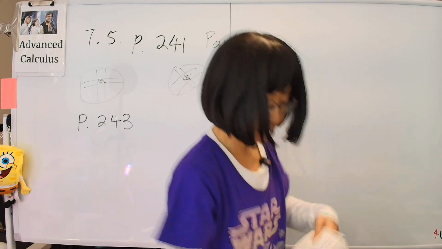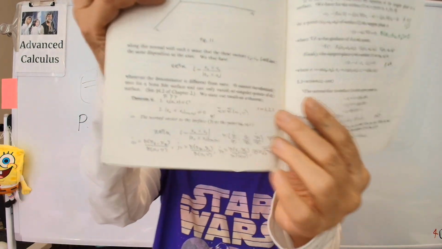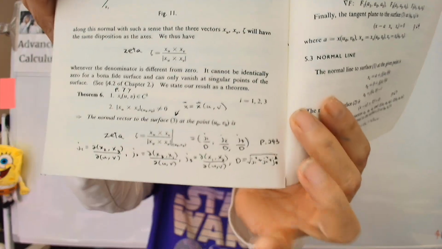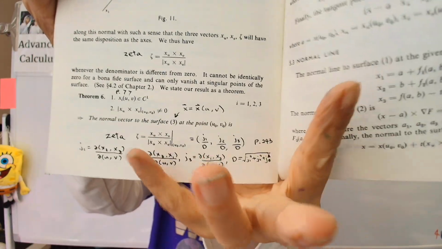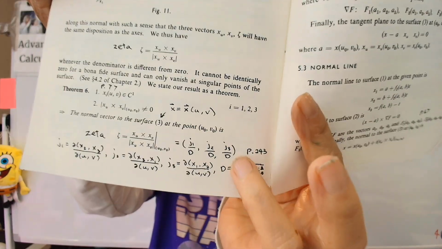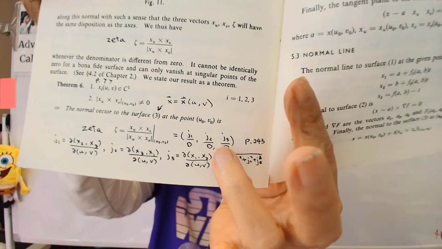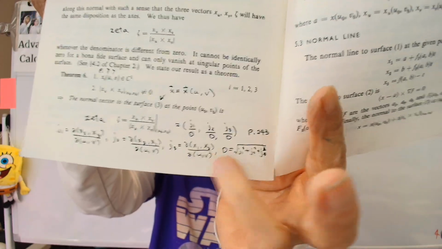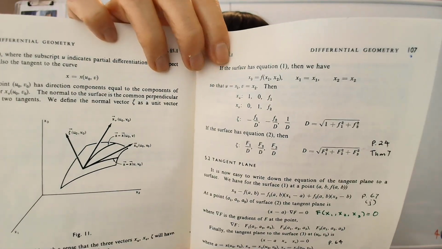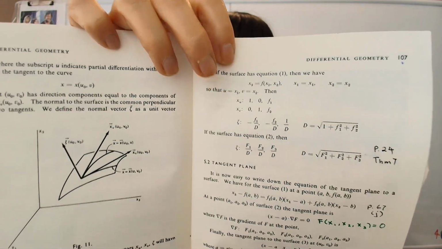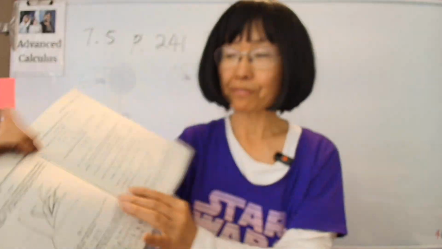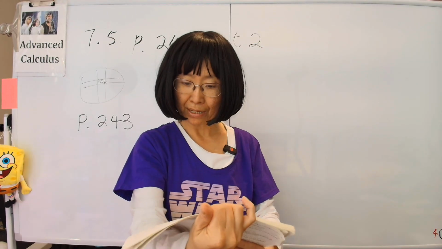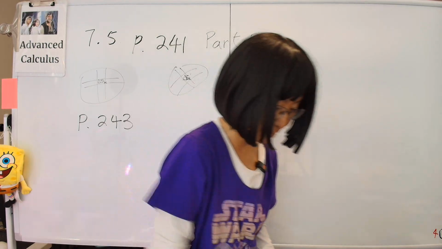I wrote down the results here as well, and that can be considered an alternative definition of zeta. Of course, there are various ways of representing zeta, the normal, that we did before, but right now we don't care about that much, so we'll just go with this.